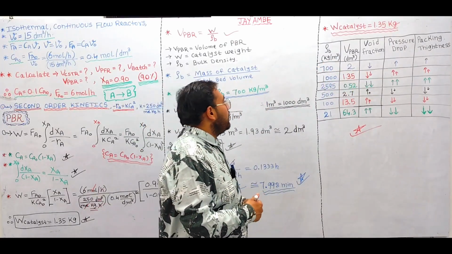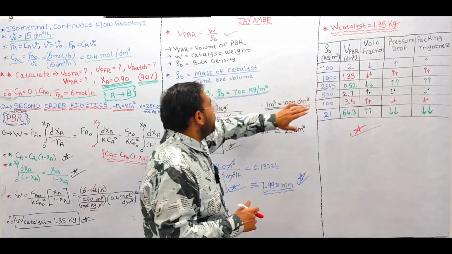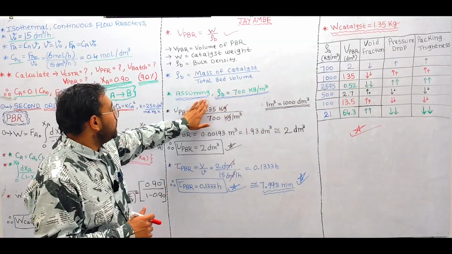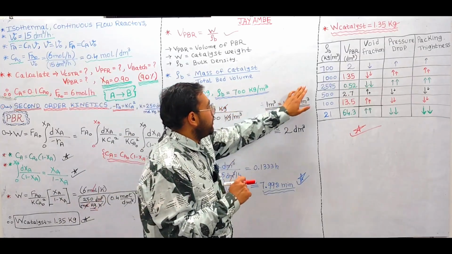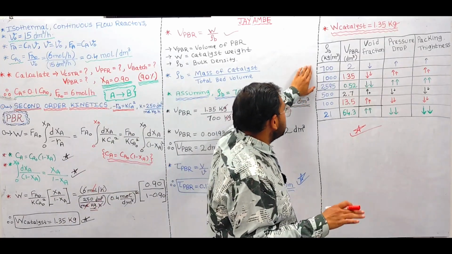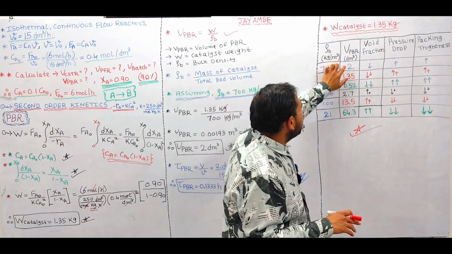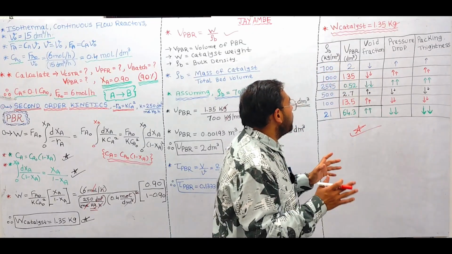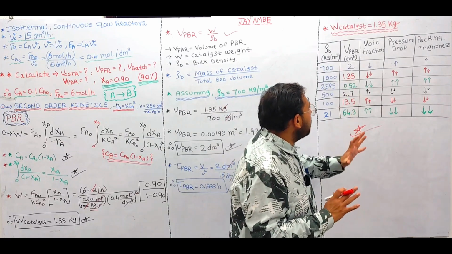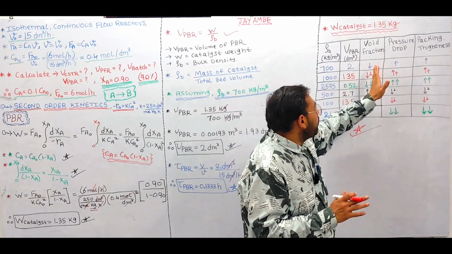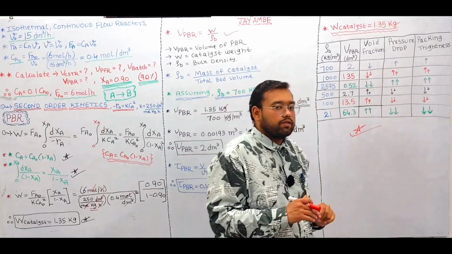So let's understand that. So let's say in the first case, we have assumed 700 kg per meter cube as the bulk density, right, which is our standard case. So let's say we obtain the volume of the packed bed reactor to be 2 cubic decimeter, right, and we have seen the effect on void fraction, pressure drop, and packing tightness, right?